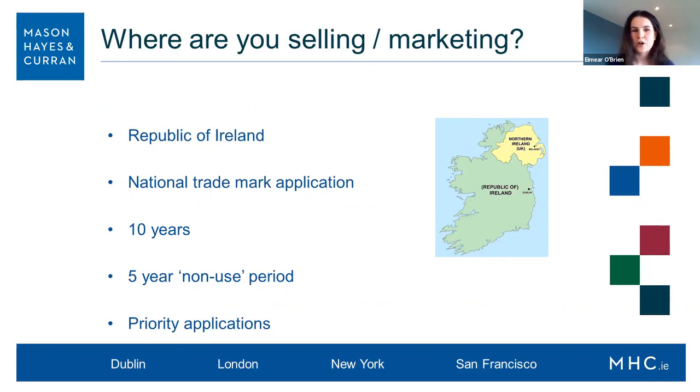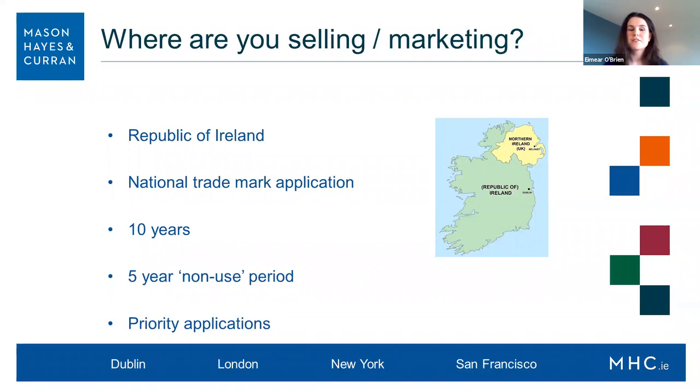So what exactly is a priority application then? Well, a priority application is an application that's filed within 6 months from the date of an initial application. It's identical in every respect, and it can benefit from the earlier filing date of the first application.